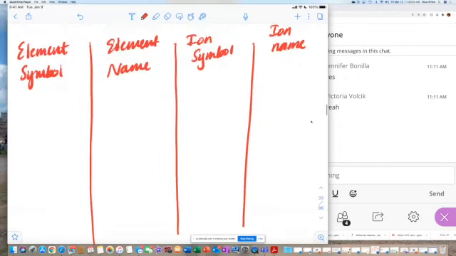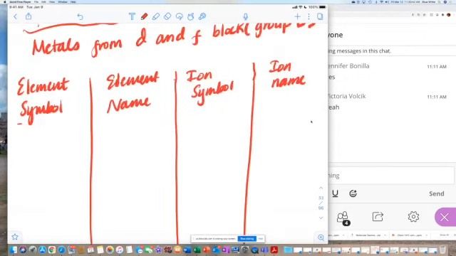Now, of course, the book has things organized differently, but usually I read the book, but I reorder the notes. So I write my own notes and rewrite them until the order of my notes makes sense to me. Okay, and that's essentially what I'm doing right now. So I have an element symbol, element name, ion symbol, ion name.